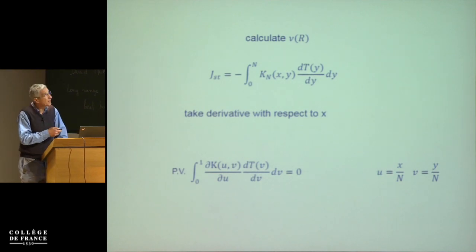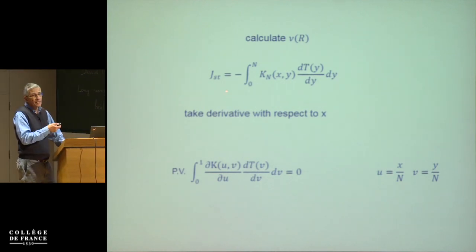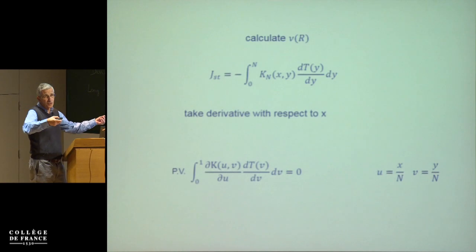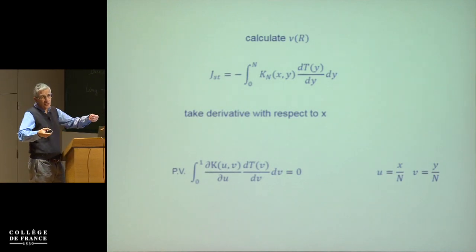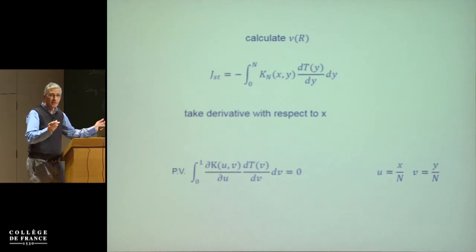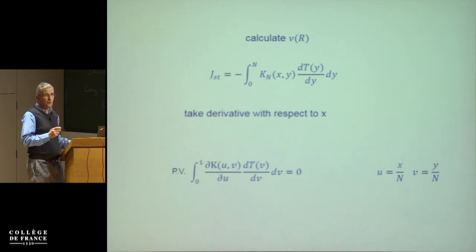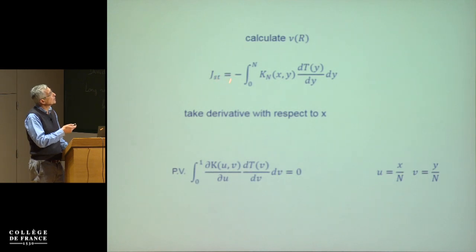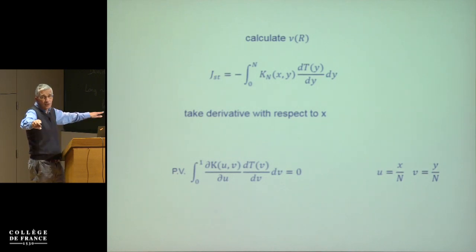Let me just spend a couple of minutes to show you how you can get a simple relation between the reflection coefficient and the divergence of the temperature profile at the end. We have a relation like that. Take a derivative on both sides with respect to x. This is the current at point x. This will give you 0, right? Because the current is constant.